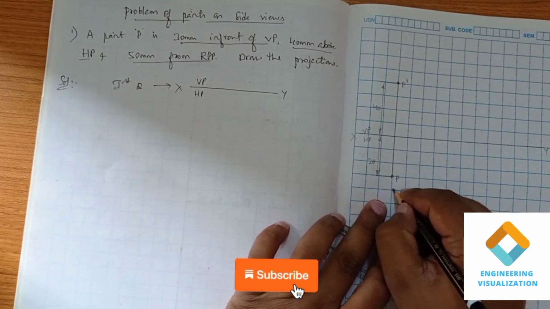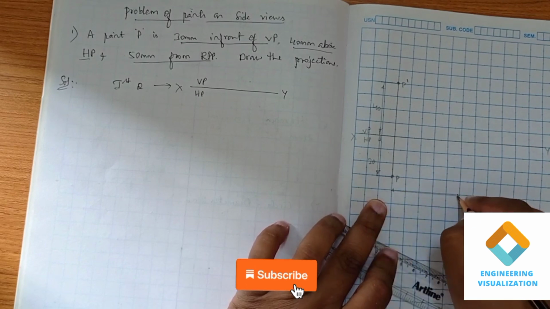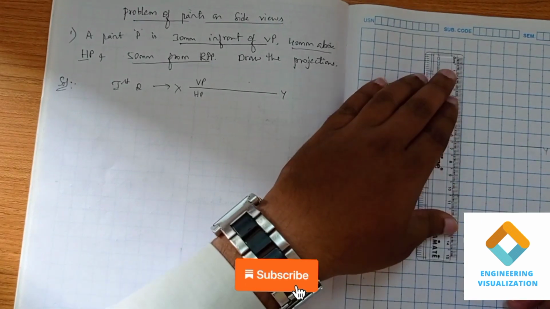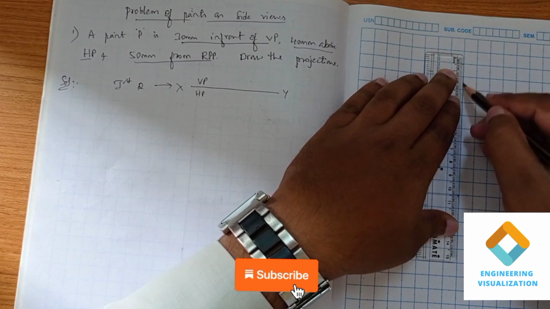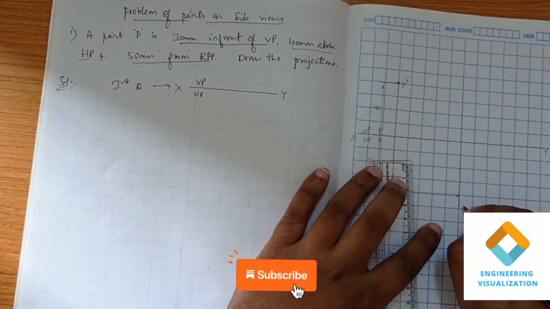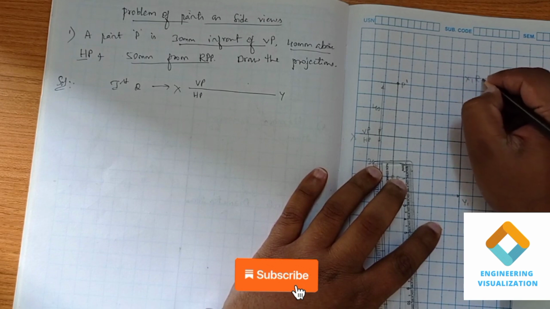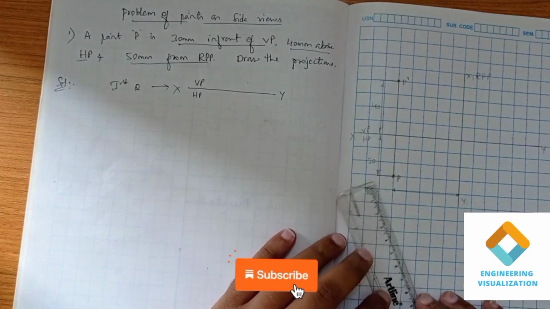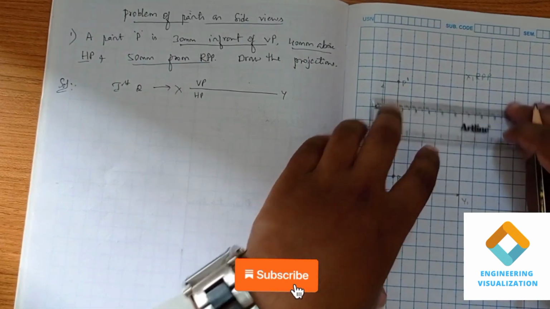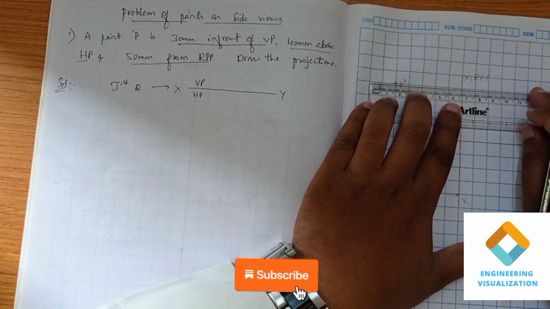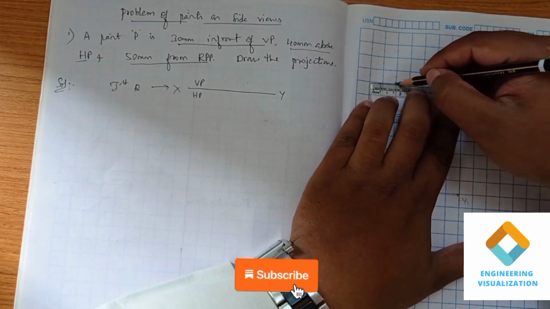Keeping this distance of 5 boxes, we draw the x1 y1 line because it is 50 mm from RPP, the right profile plane.